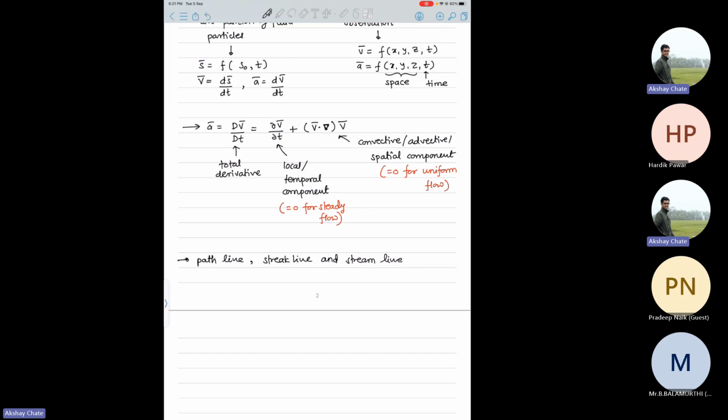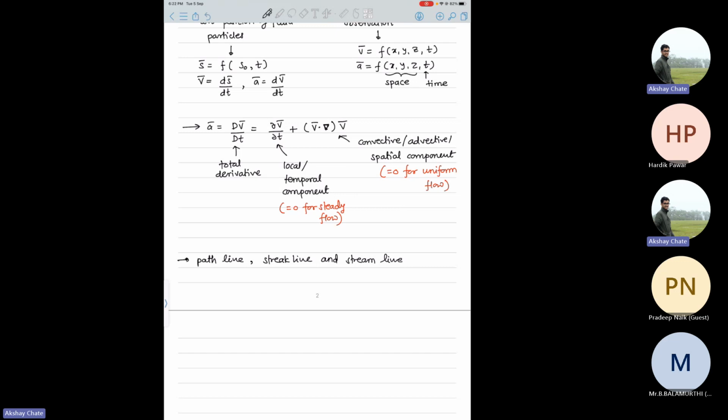Then there is something called streak line. For some domains it is very important, but for the majority, streak lines are not studied in that depth. But you should know what a streak line is. For example, if you have a nozzle, the nozzle end from which fluid is coming out is considered the starting point. At any time interval after that, you trace all the points that have left the tip of the nozzle and where they are at that point.